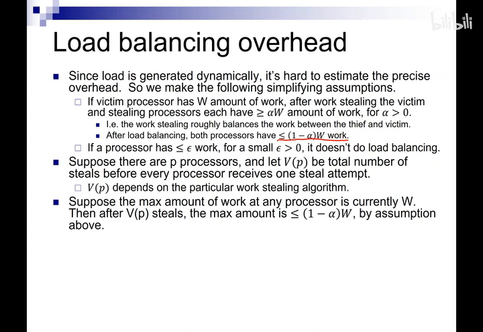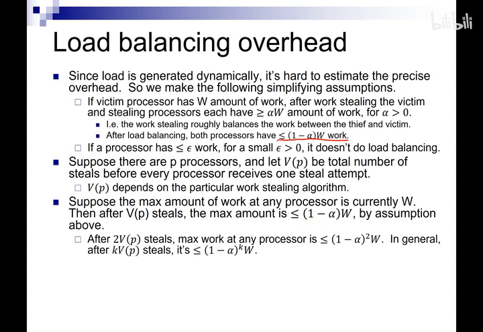So even the processor with the biggest amount of work, after V of P steals, will become a victim at least once, and then be left with at most (1 minus alpha) times W amount of work. So after this number of steals, the maximum amount of work at any processor is at most this value. If you do another V of P steals, the maximum amount of work is going to be (1 minus alpha) times this value, so (1 minus alpha) squared times W.